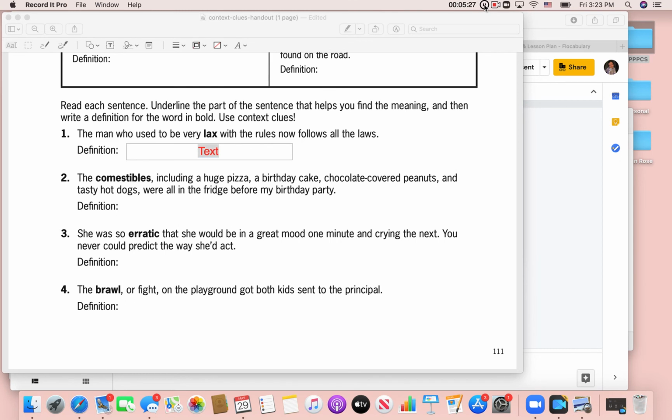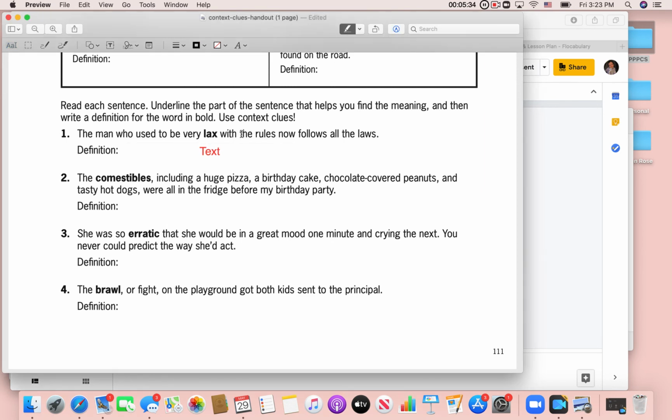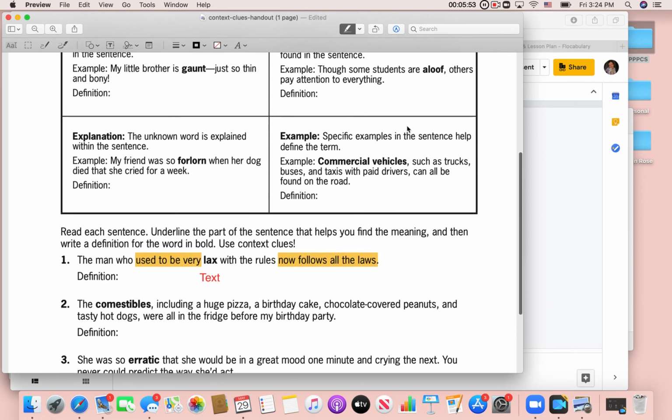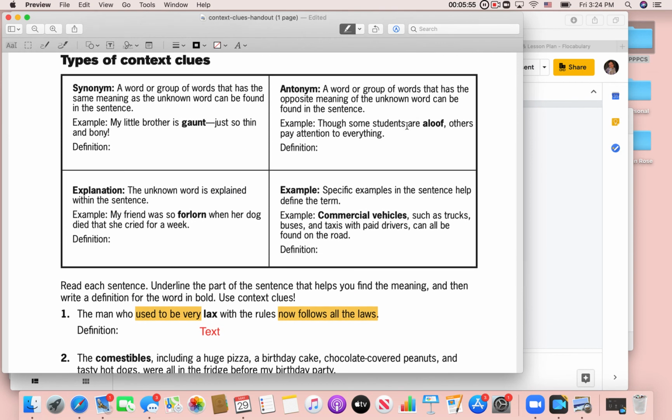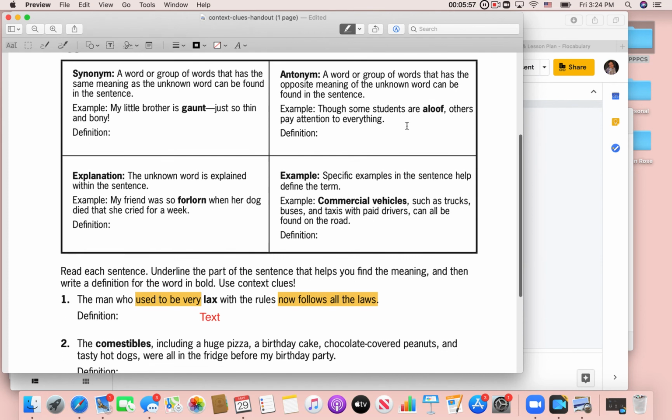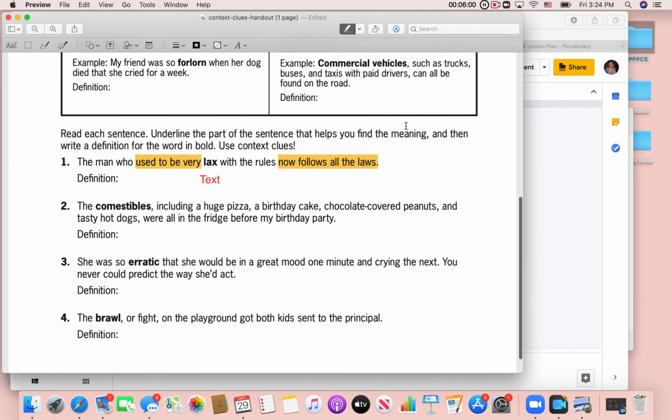So we can use the context clues to figure out what the word lax means. I'm going to highlight the clues in the text. Used to be very lax with the rules. Now follows all the laws. Okay? So let's look up here. I think this one gives us an antonym.